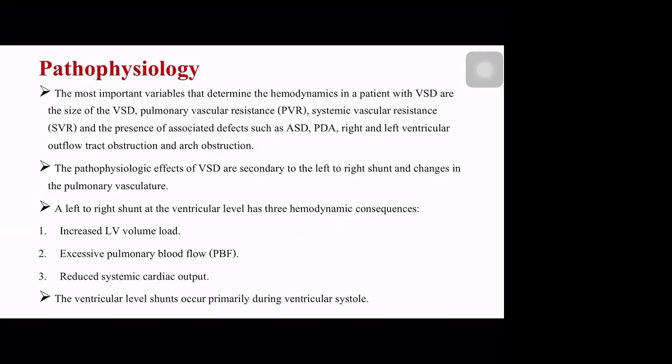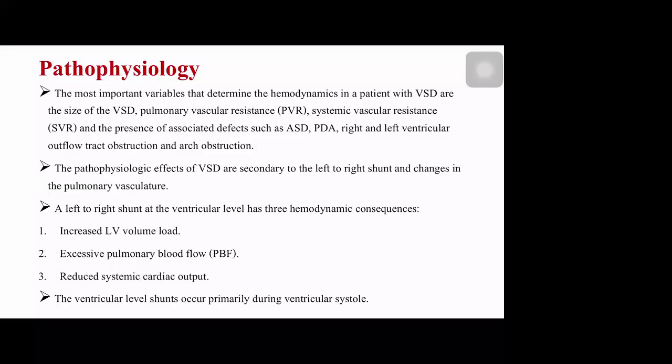What about the pathophysiology? The most important variables that determine the hemodynamics in a patient with VSD are the size of the VSD: small size, lesser shunting from left to right; large size, more shunting from left to right.